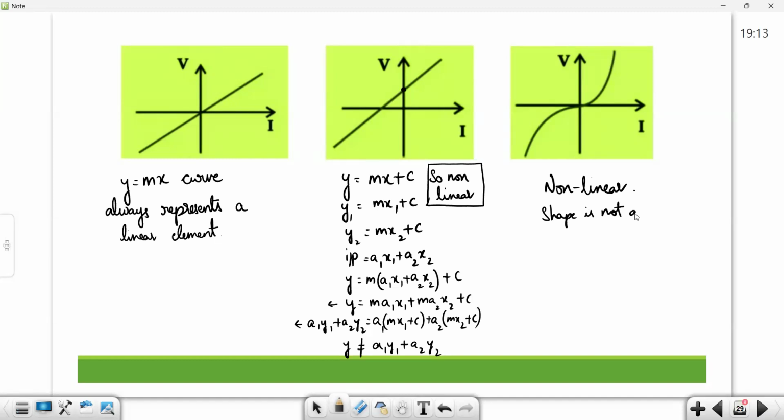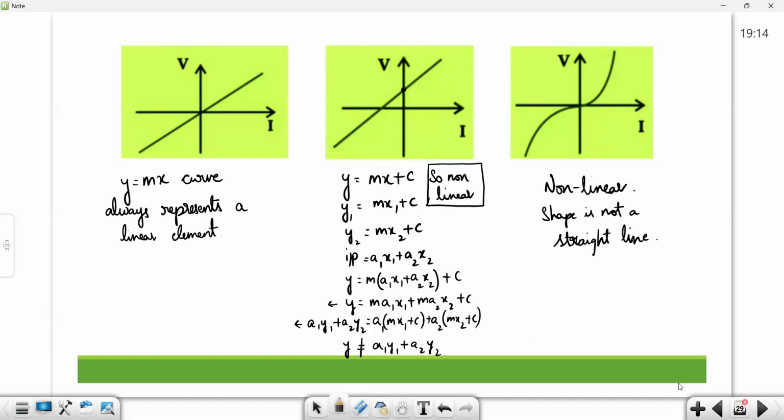If it is straight and passing through the origin, then we can tell it is linear. Here, by seeing this graph, you can tell it is not passing through the origin, so it is non-linear. Is it clear?